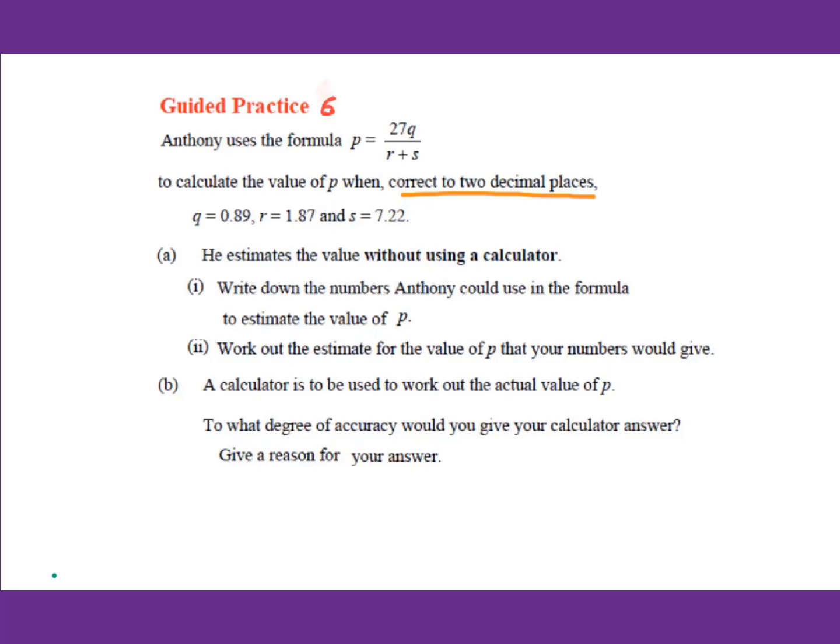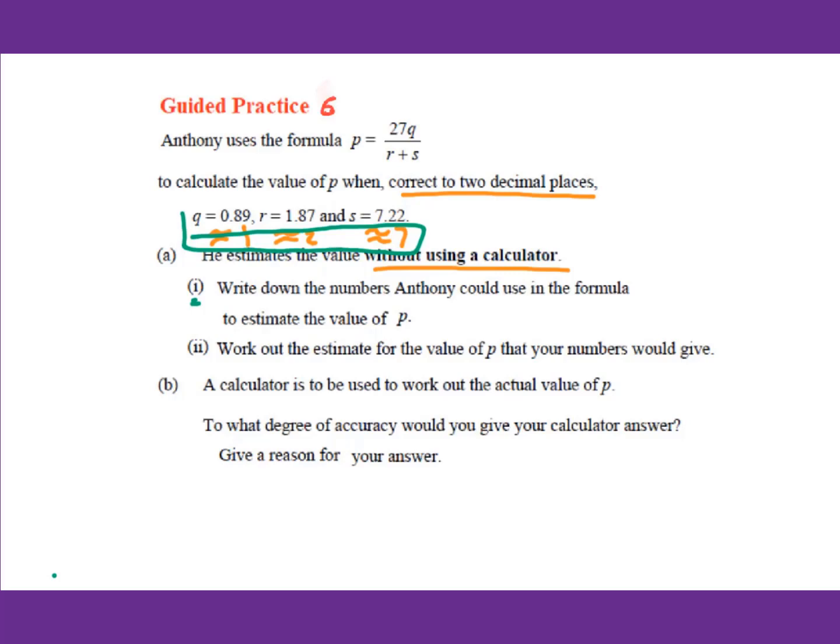Write down the number Anthony could use in the formula to estimate the value of P. Without using a calculator means he rounds all the values into integers. For Q, it will be 1. R will be 2. S will be 7. This is the solution for the first problem.